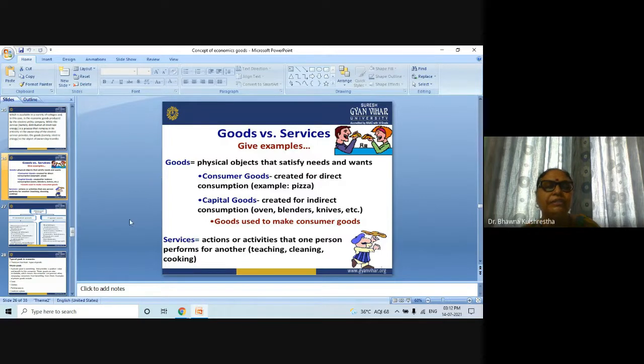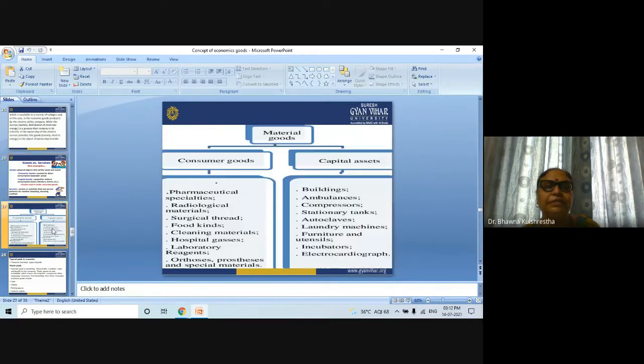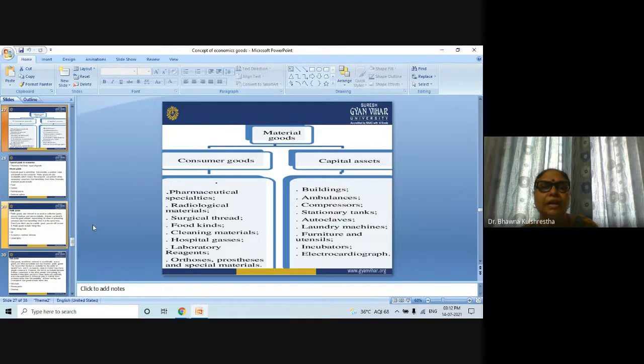And next, in this picture, material goods. Material goods are consumer goods and capital assets.